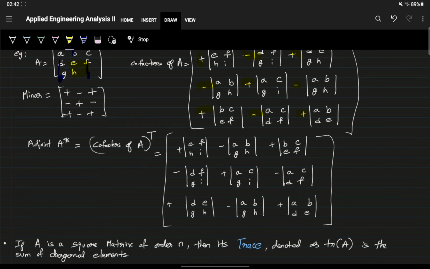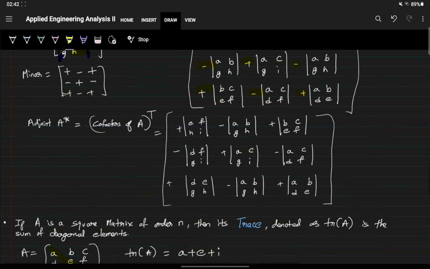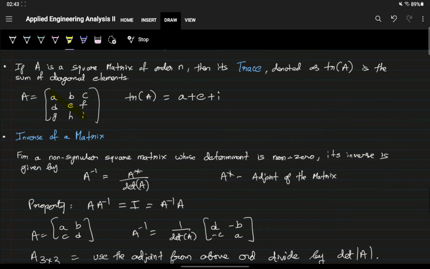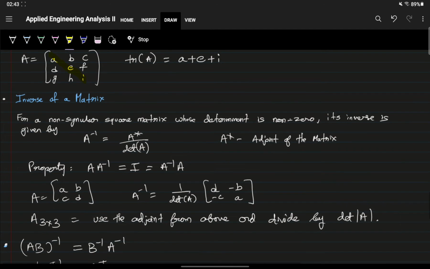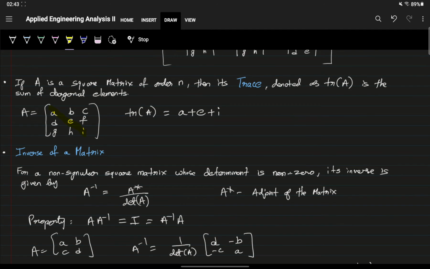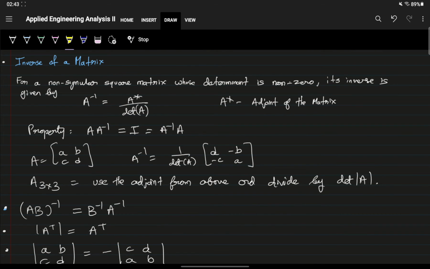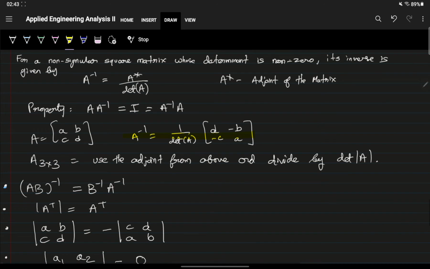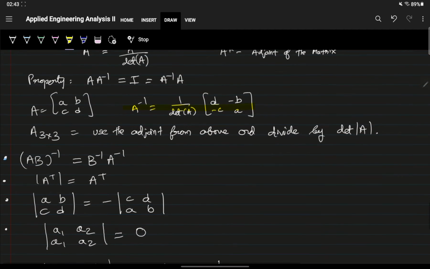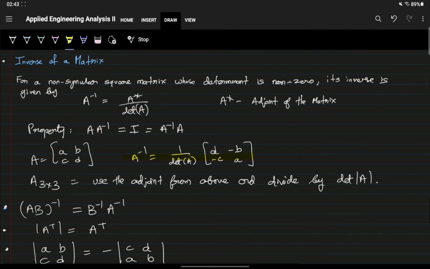So once we calculate the minor cofactors and take a transpose of the cofactors, we have the adjoint, and then we calculate the determinant of A, and once we have it, we just use this formula for a matrix of dimension n.